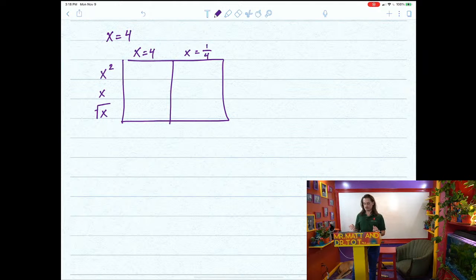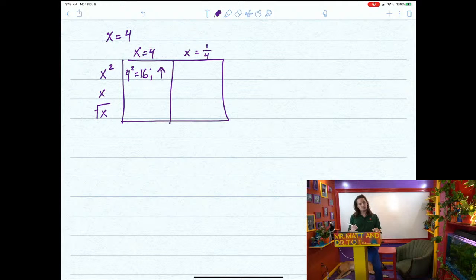Let's make it a fraction. Normally when we square a value, 4 squared is the same thing as 4 times 4, which is 16. So we would expect this value to go up. So 4 squared is equal to 16, therefore we increased.